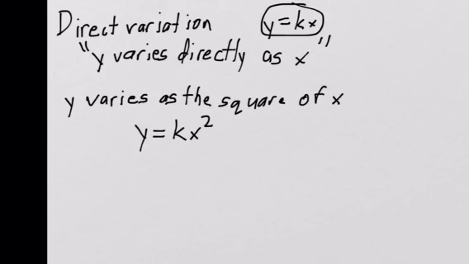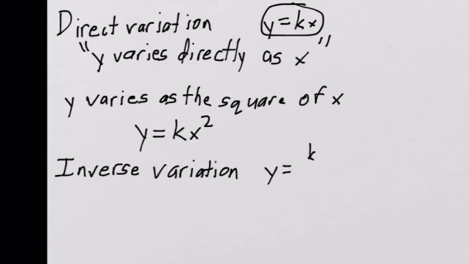The other main type of variation that we have is inverse variation, which is going to be y equals k divided by x.